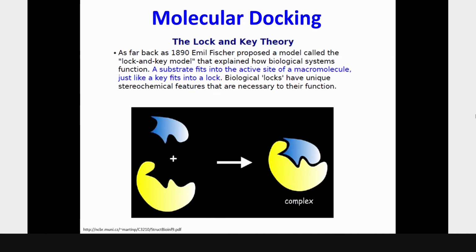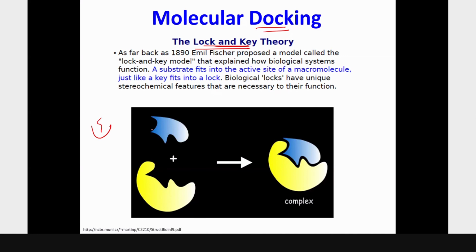The first theory, the lock and key theory, what does it talk about? It talks about a fundamental concept of docking. By the name lock and key, you can consider your receptor as something like a lock kind of structure. And as I said, when the ligand binds to it, it becomes active or inactive.